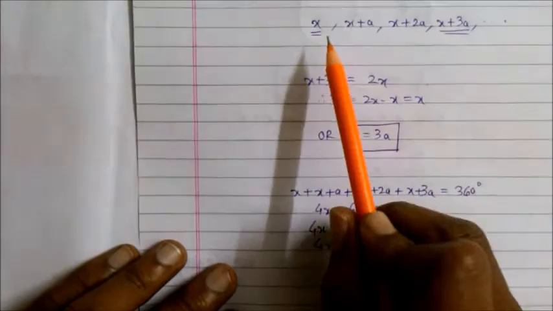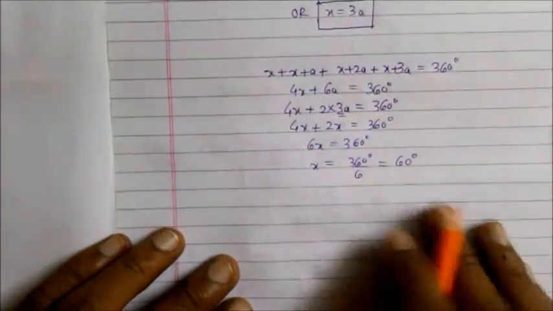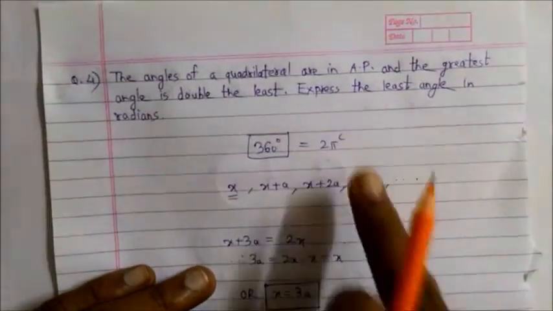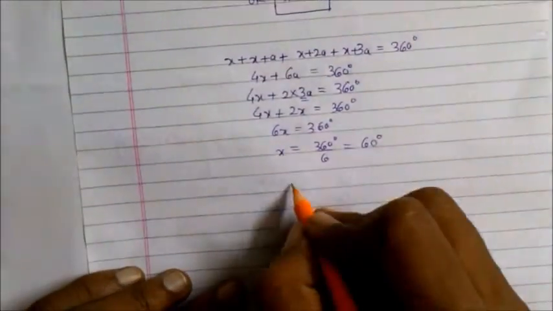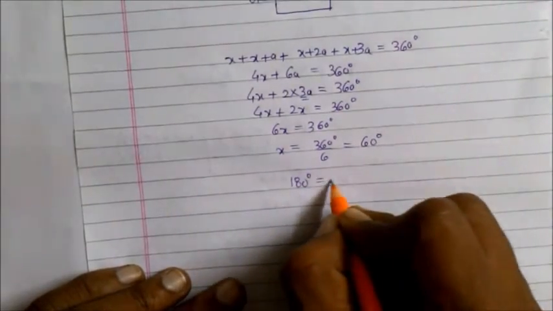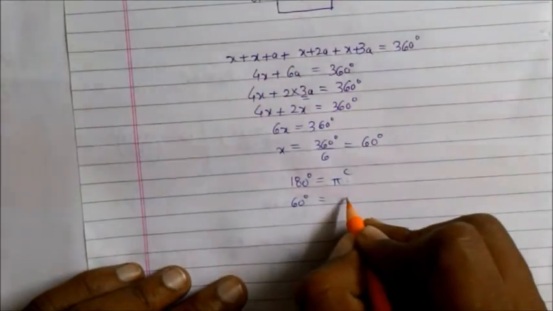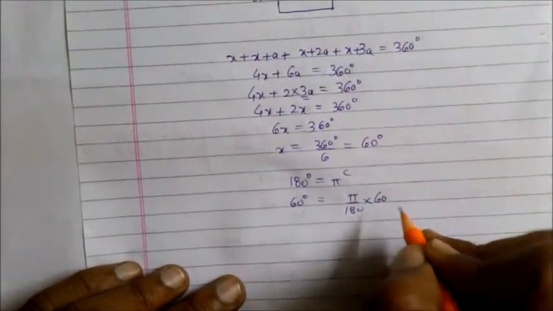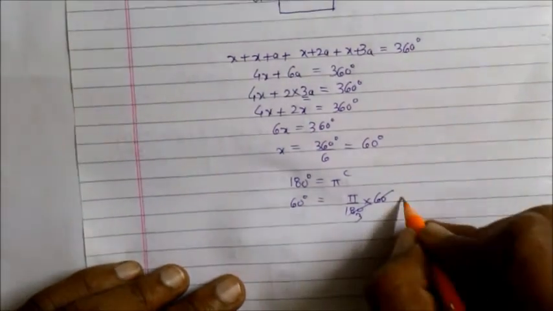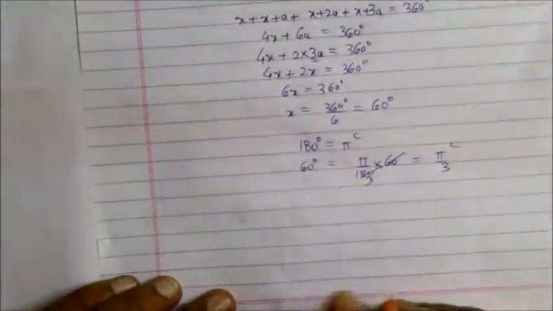Now this was the smallest angle in degrees, but we want to find the least angle in radians. So again recall the relation: 180 degrees is equal to pi radians. Therefore 60 degrees will be pi by 180 times 60, which is pi by 3 radians.